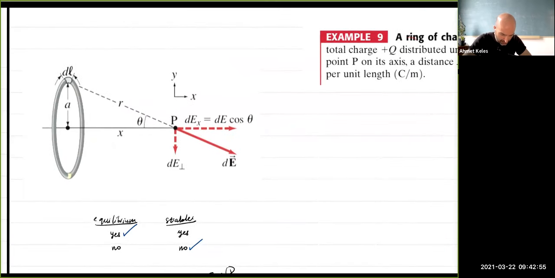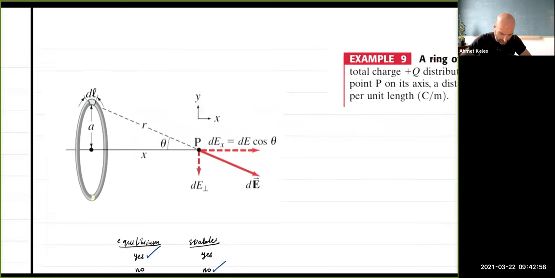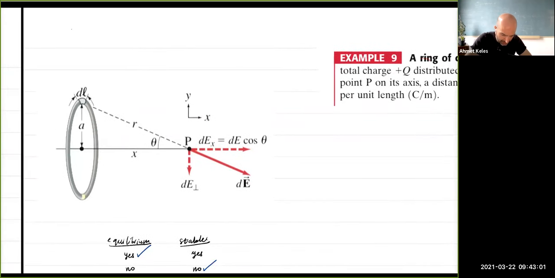And let's see what the total charge here is. First, the charge density, lambda, by definition, is total charge divided by total length, and the total length is 2 pi times a. Then the total charge in this little segment, let's call it dq, is lambda times dl, but we know dl is a times d theta.